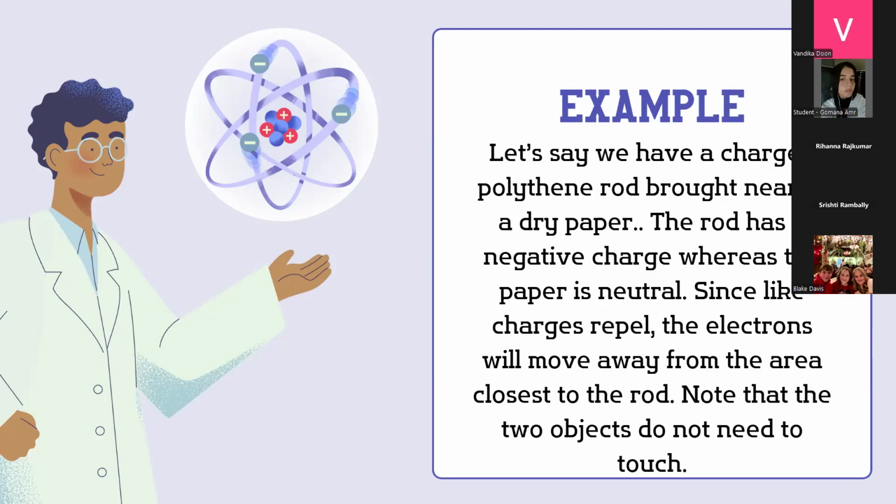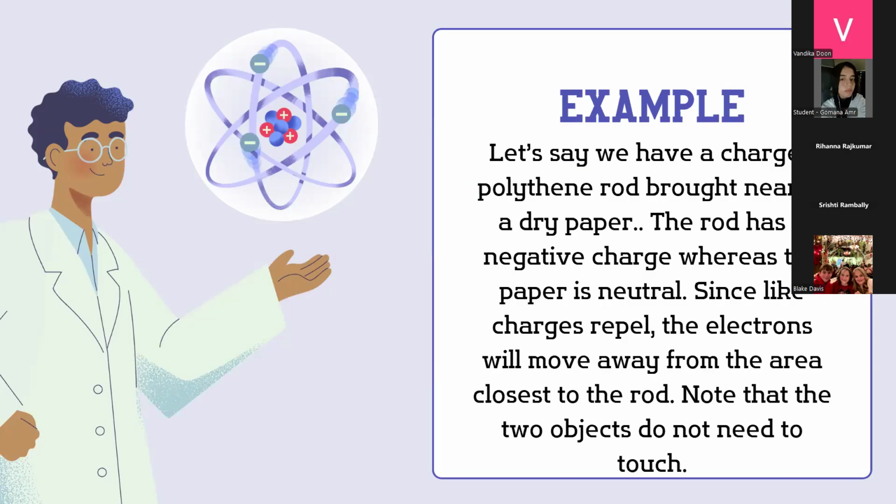Now, since like charges repel, remember we have electrons close to the rod. Now, they would move away from that area that is closest to the rod and move to the opposite side of the paper, and that is an example of electrostatic force, because when they move away, then we have a positive charge there.